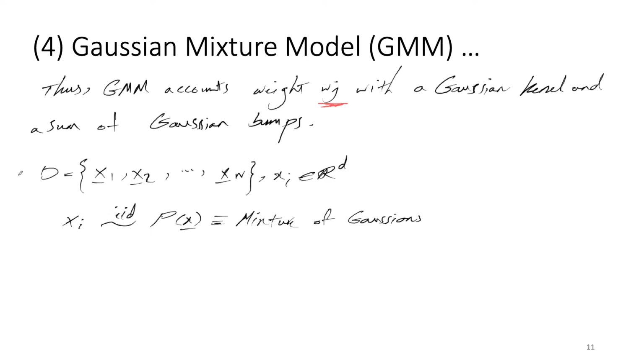So suppose your data comes from a data set D, all in vectors x1, x2 up to xn, and all of them are coming from a two-dimensional space R. So when you generate your xi's IID, and you have a probability of x, this would be equivalent to having a mixture of Gaussians. Does anyone know what IID means here?